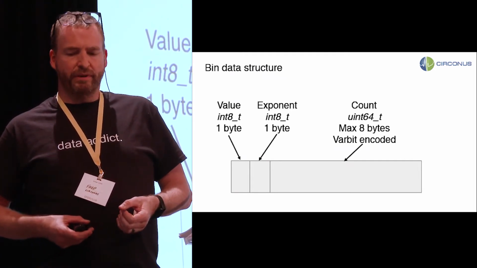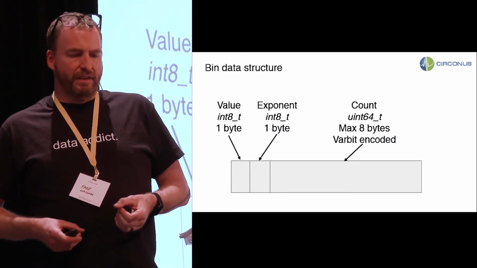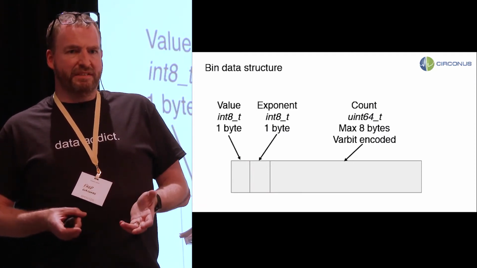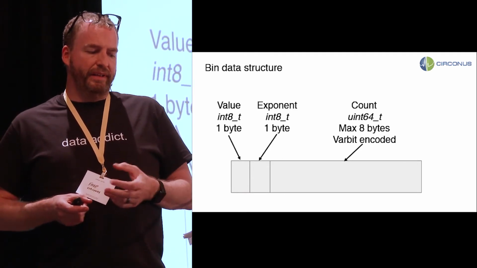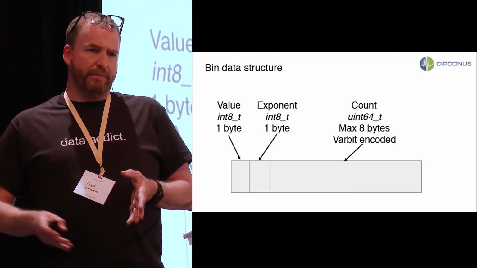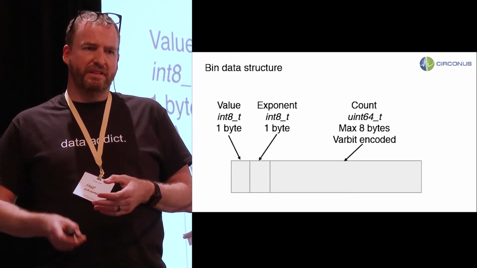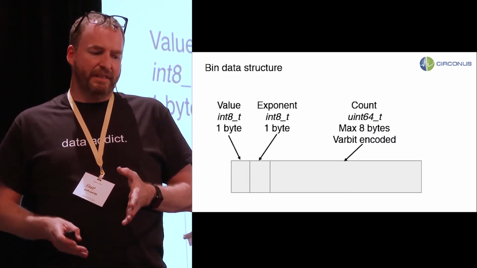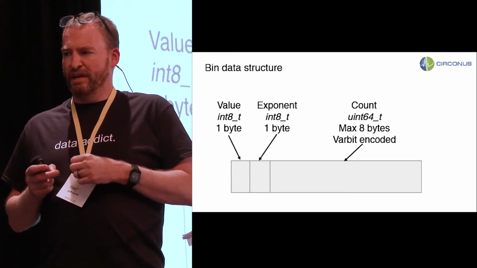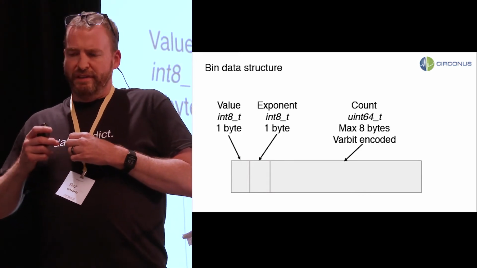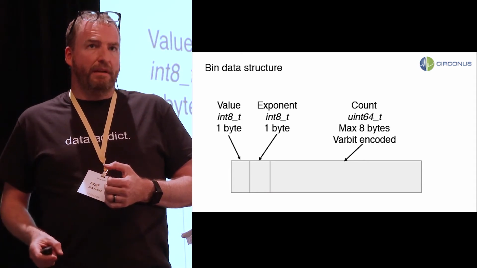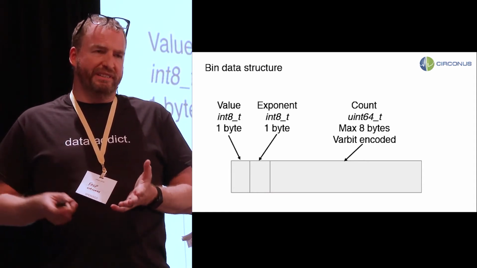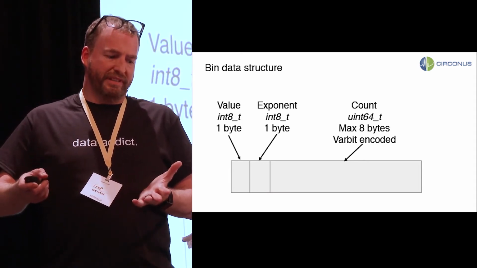So say if I wanted to represent 1.6, I would represent that as an 8-bit integer, but I would multiply it by 10. So really my value is value times 10. And then say I'm doing 1.6, my exponent is going to be 0. So 1.6 times 10 to the 0 is 1.6.